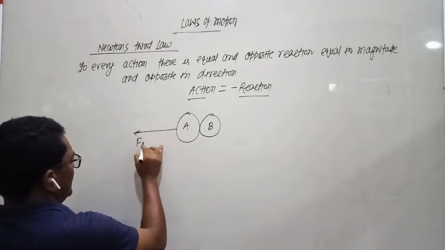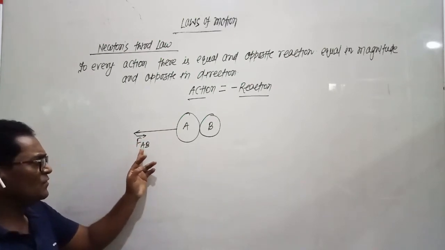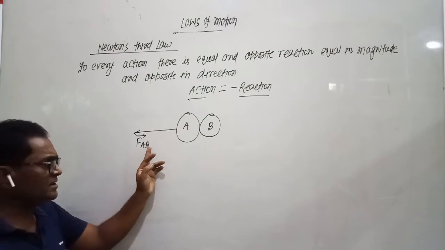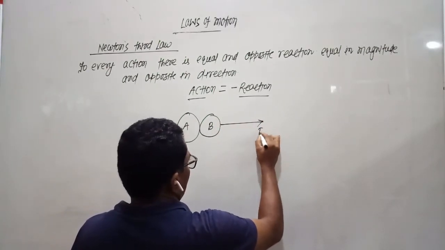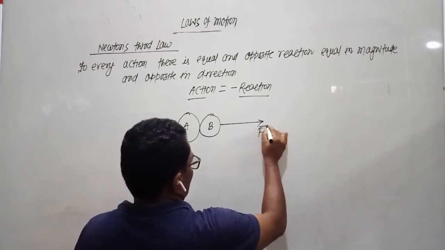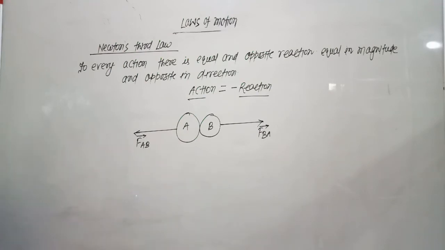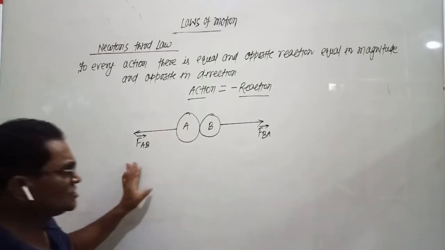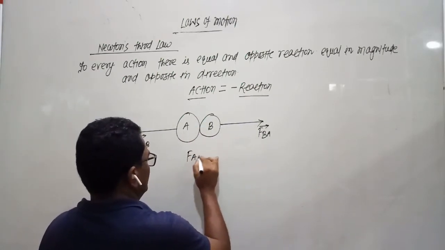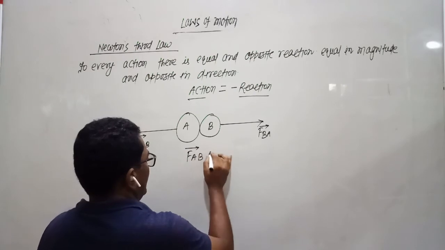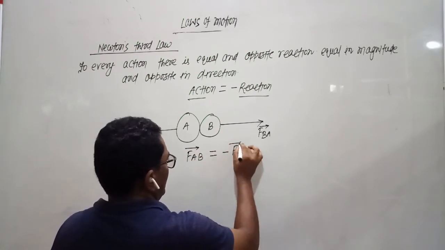This is the force FAB, which means force on body A due to body B. And this is the force FBA, force exerted on body B by body A. So both exert force on each other, and these two forces are given by FAB vector equals minus FBA vector.